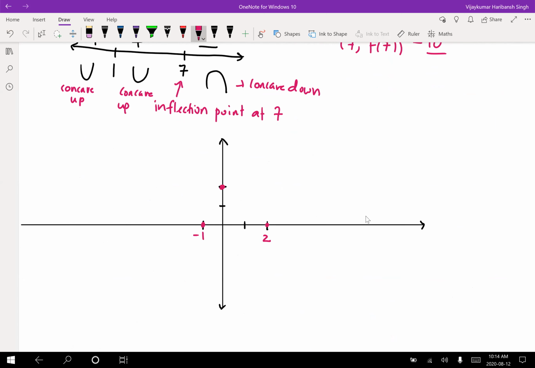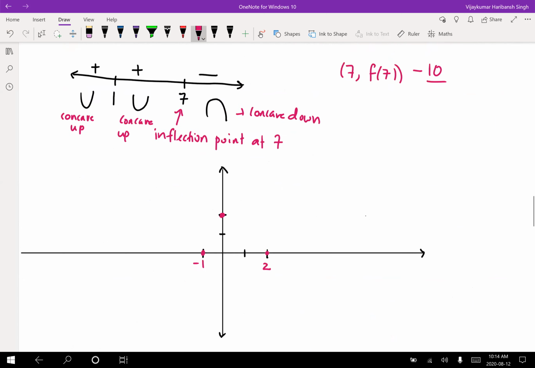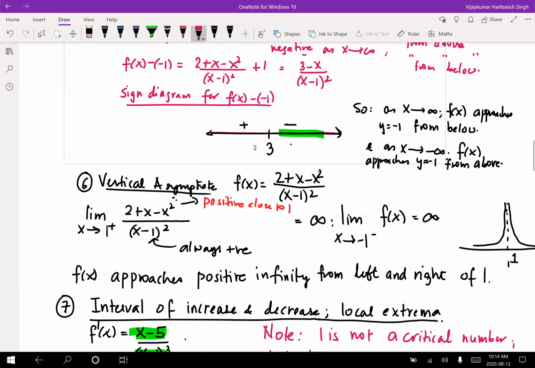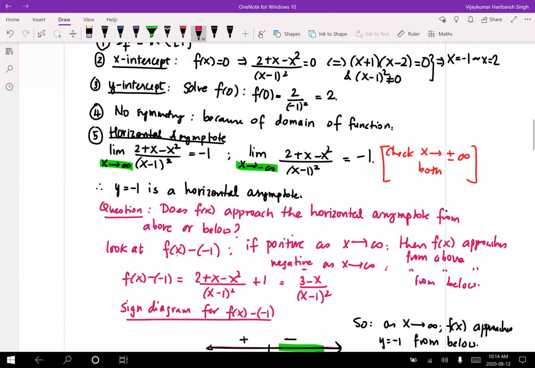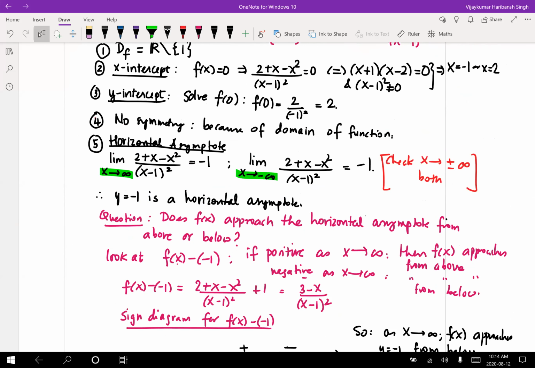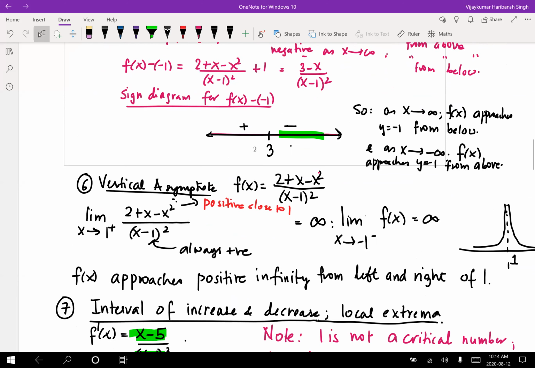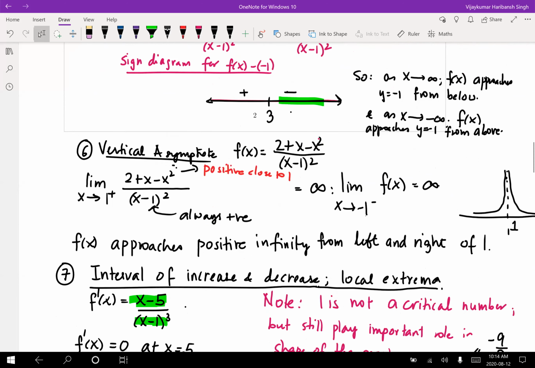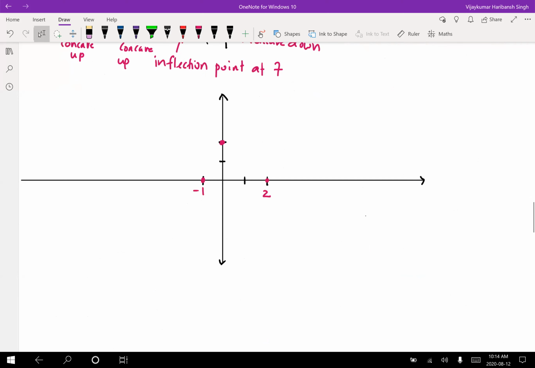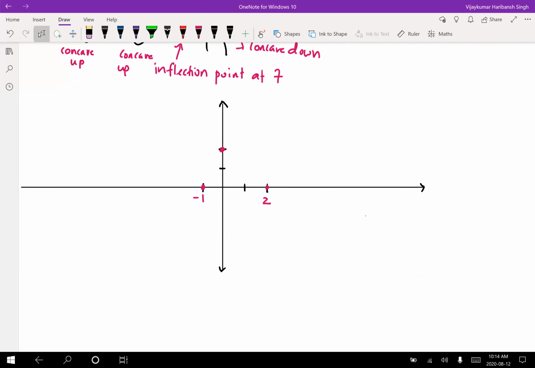Okay. Now, what are the other important things? So next we discussed no symmetry. We discussed the horizontal asymptote, which is y equals to -1, and the vertical asymptote, which was x equals to 1. So let's draw.